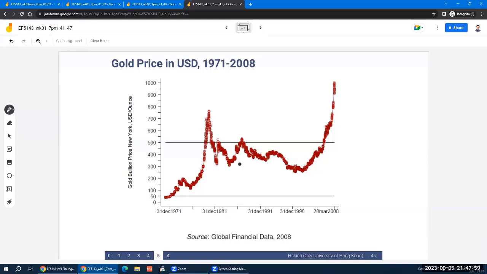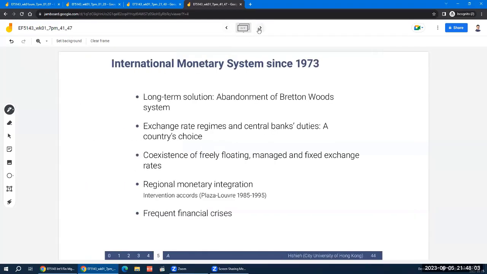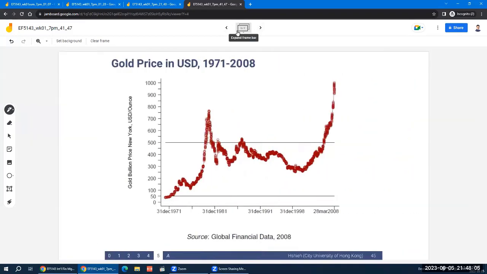Last slide. So the consequence of everybody doing their own thing is you're going to have massive uncertainty in the FX markets. And one way to look at uncertainty is to look at gold prices over time. Whenever there's a crisis of confidence over the reserve currency, the US dollar, you typically flee to gold.